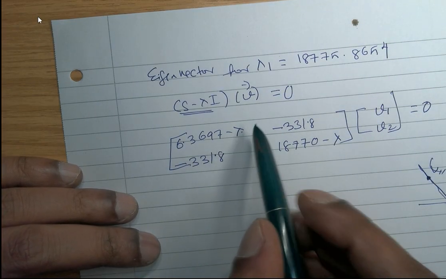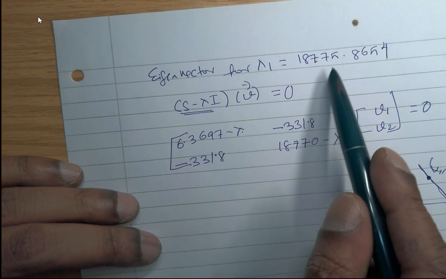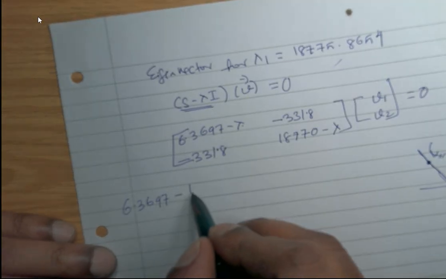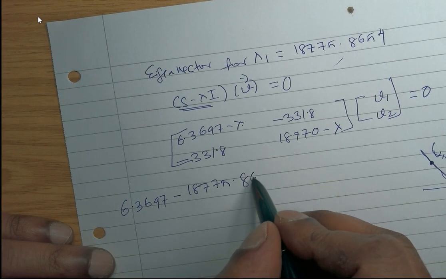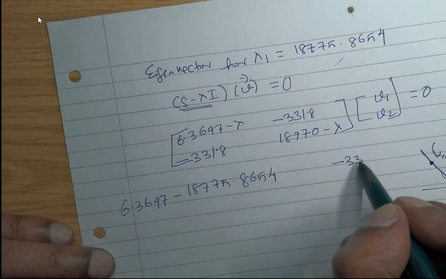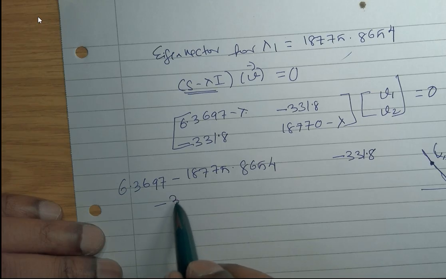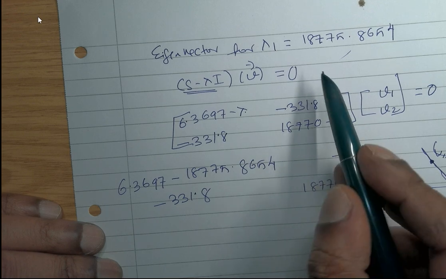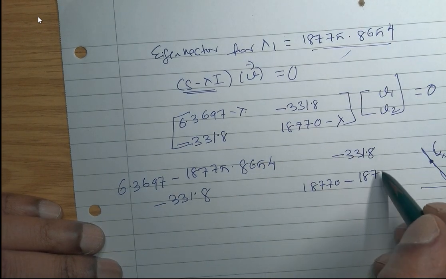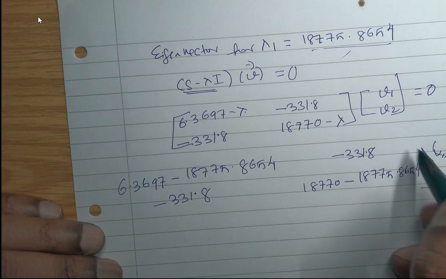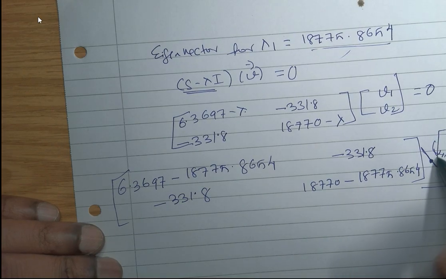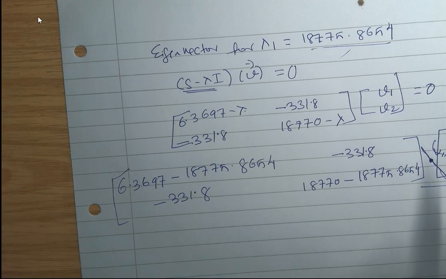We know the lambda value is already 18775, so let's plug in this value here: 6.3697 minus 18775.8654, minus 331.8, minus 331.8, and 18770 minus the lambda value, multiplied by v1 and v2, and set this equal to 0.